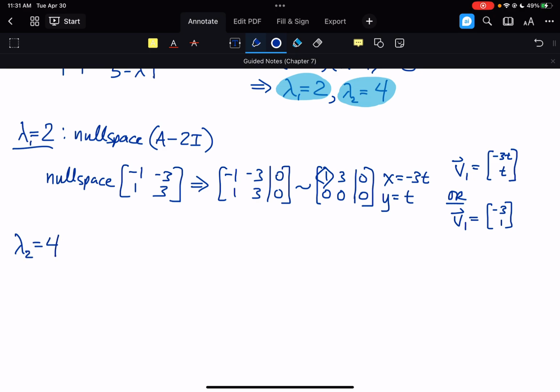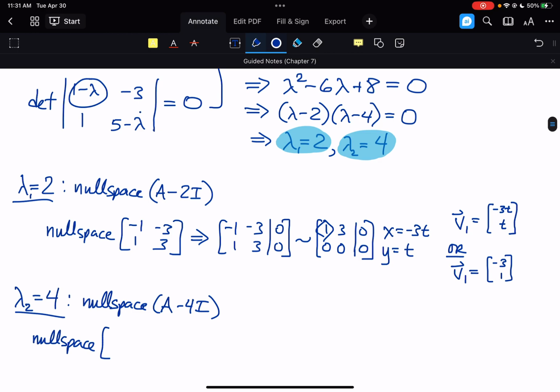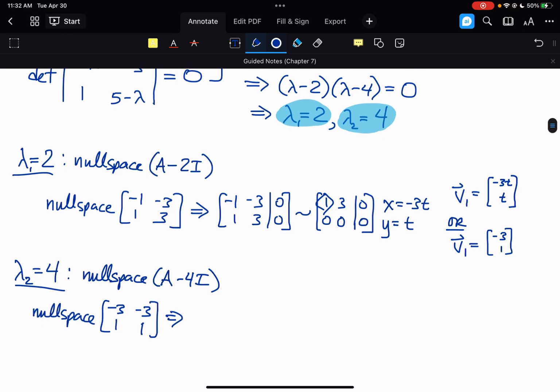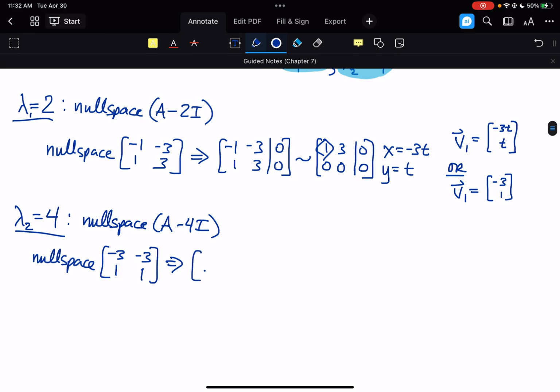So lambda 2, so that was 4. So we're looking at the null space of A minus 4I. So we're subtracting 4 off of those main diagonal terms. So that's going to be negative 3, 1, and 1. So for our null space, we get negative 3, 1, and 1, augmented with zeros.